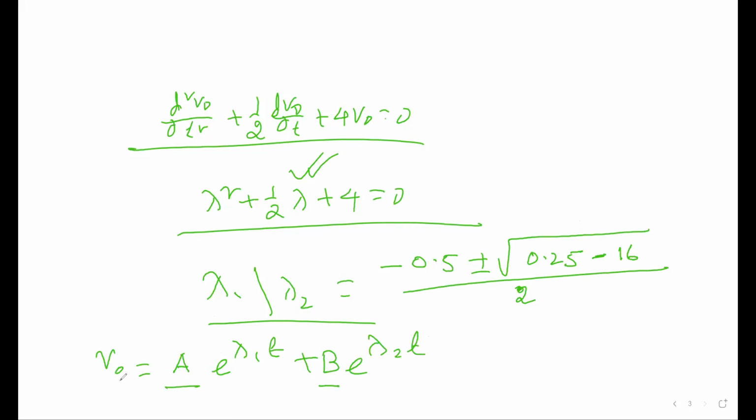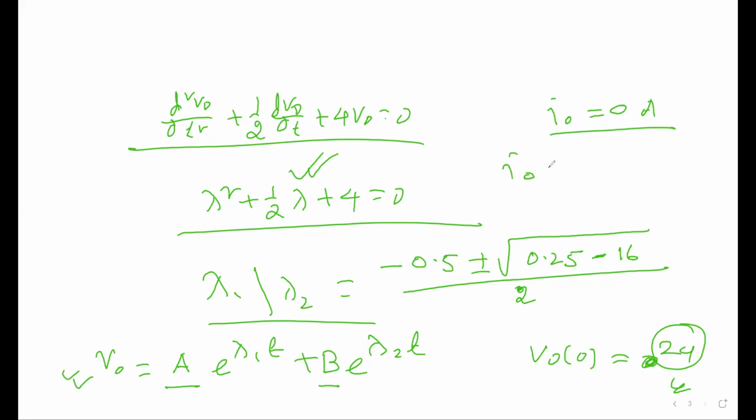You put your initial value there because your V0 was known to you. V0 was equal to how many volts? 24 volts, it is known to you. Put time t equal to 0 there, 24 volts. Now, your current I0 was given equal to 0 ampere. If we know the V0, then I0 equal to what? I0 equal to C into dV0 divided by dt, isn't it?